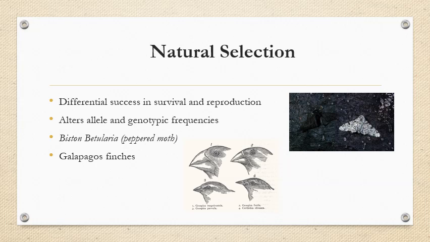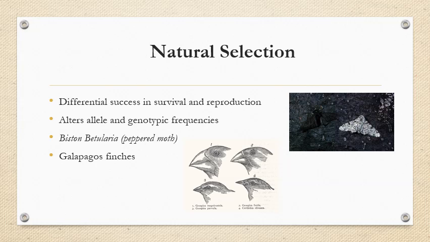We define natural selection as the differential survival and reproduction of individuals in a population based on variation in their traits. Charles Darwin published his book on the origin of species in 1859.